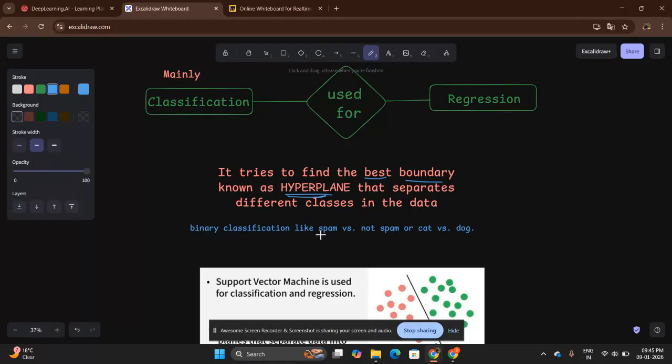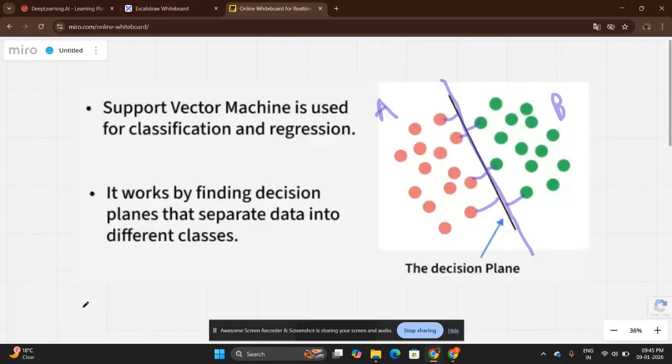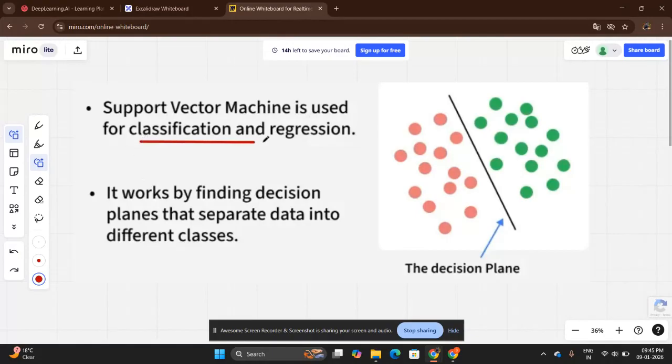Suppose, for example, spam and not spam, cat or dog. For classifying these data points, one boundary is drawn in between the two classes. That boundary is called the hyperplane. Let's see this picture. It says that support vector machine is used for both classification and regression.